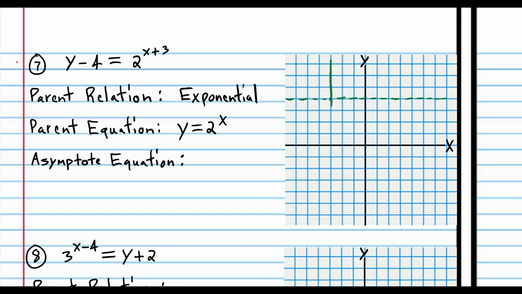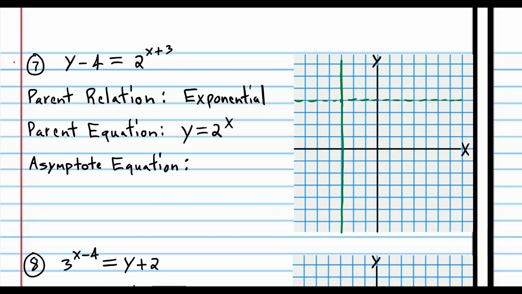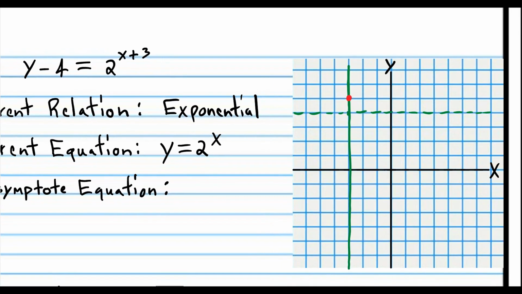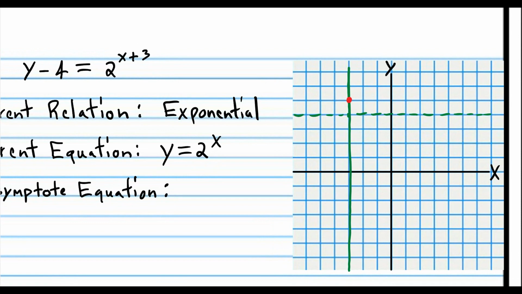So let me draw that again. Now, pretending that this point is the origin, we're going to draw that point in your library of relations. Remember, that point is always the same. It's always (0, 1). And then we're going to use the parent equation to help us find the other points.